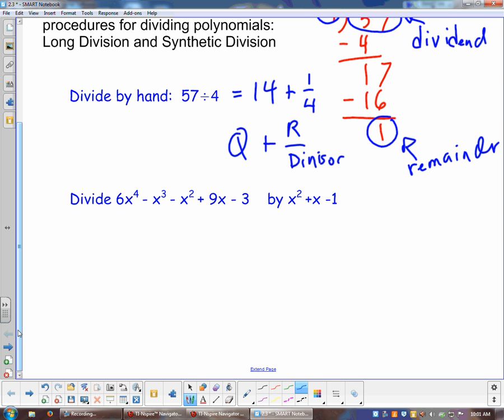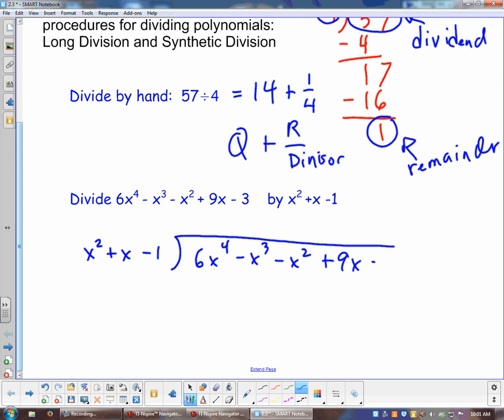We're going to put our divisor, which is x squared plus x minus 1, out in front. And we're going to have 6x to the 4th minus x cubed minus x squared plus 9x minus 3. That's our dividend. That goes there.